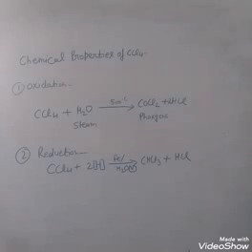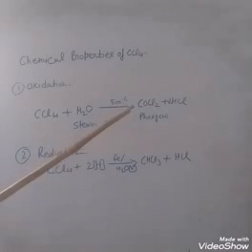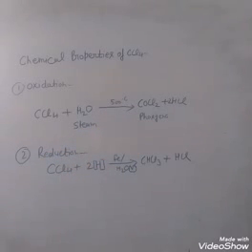In the oxidation process, carbon tetrachloride reacts with steam above 500 degrees Celsius. It gives phosgene, a highly poisonous gas. Next is reduction.